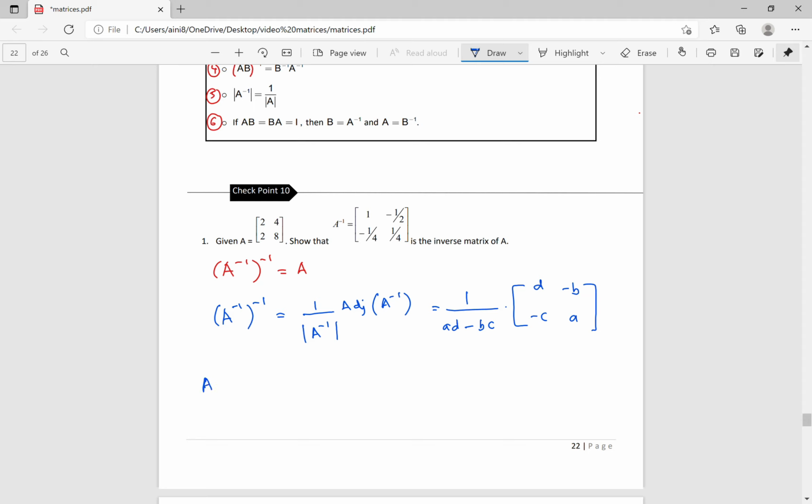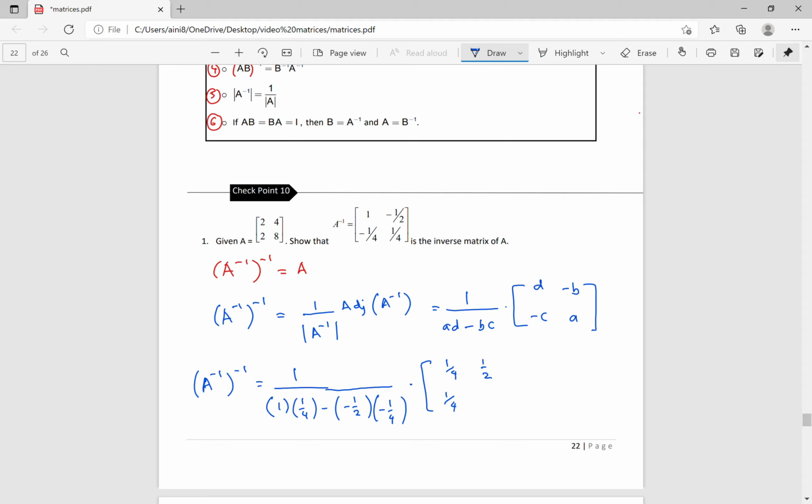So your A inverse again becomes 1 over 1 times 1 over 4 minus -1 over 2 times -1 over 4, times changing the position of A and D, so 1 over 4. Minus becomes a plus, so 1 over 2.